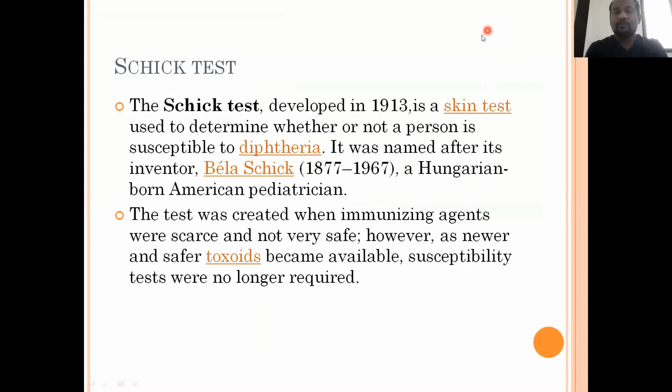So in this video, I would like to explain about the Schick test. The Schick test was developed in 1913. It is a skin test. So why are we calling it a skin test?